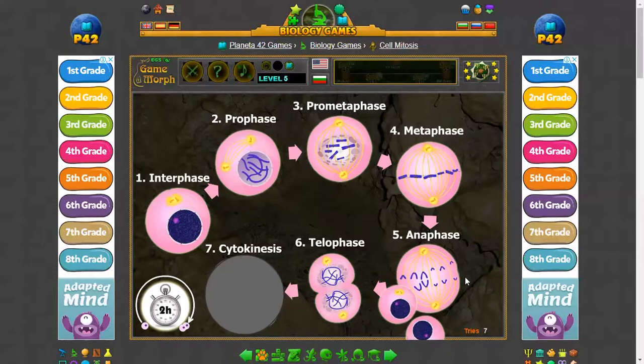telophase. In the telophase, the nuclear membrane forms around each set of chromosomes, and the chromosomes unwind, and mitosis is complete. So this is what happened in this phase. What happened in this phase?